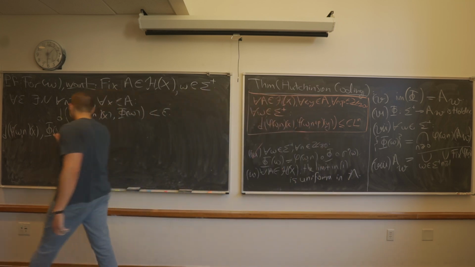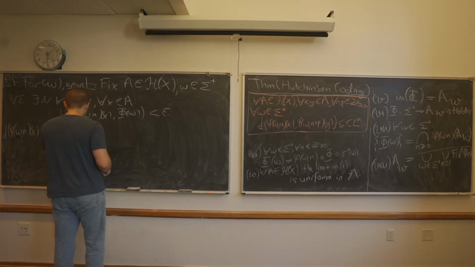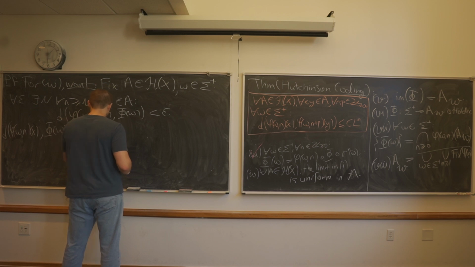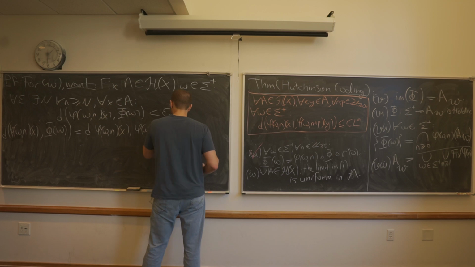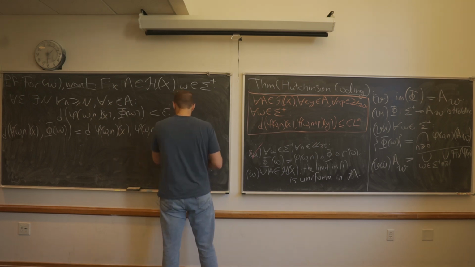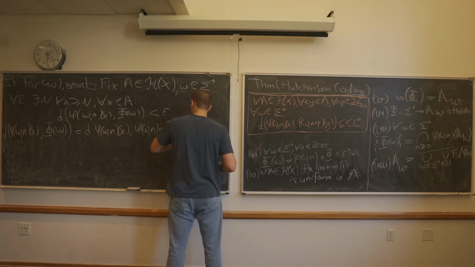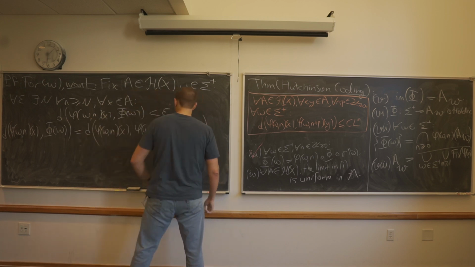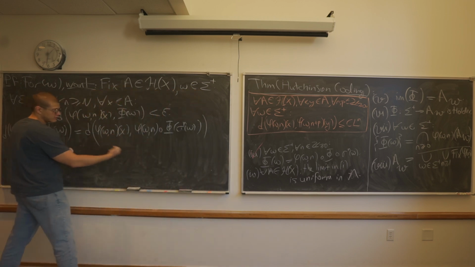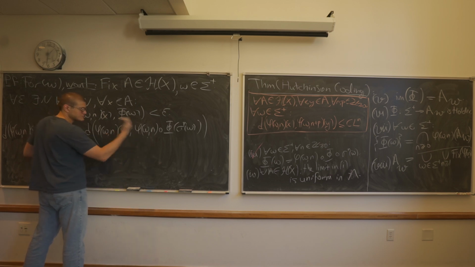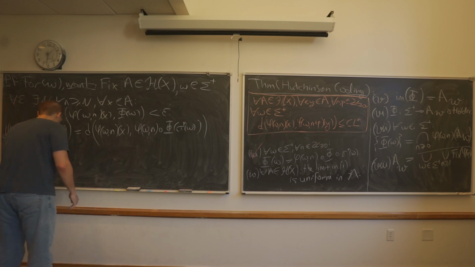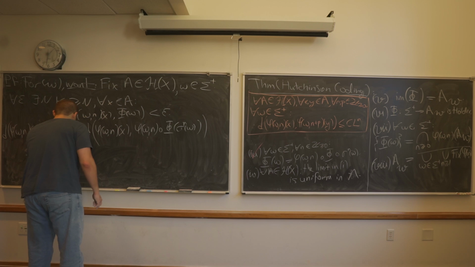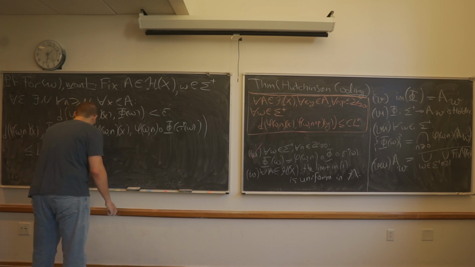So let me just replace this by this. Okay, so now this guy I see in both of the arguments, which means I can take it out, and I get a factor of L to the n, which decays. And then this is d of x comma phi of sigma n omega.